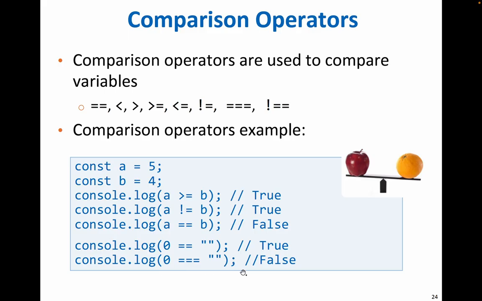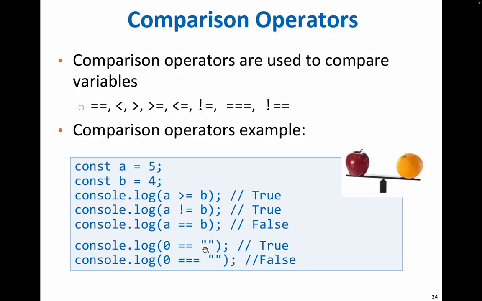What is happening here is, when we use a triple equal sign, the value should be the same and the data type should be the same. This is a number, this is a string, so the result will be false. But when you are using a double equal sign, it actually tries to convert each of these values to a common type, and then checks if their values become similar.